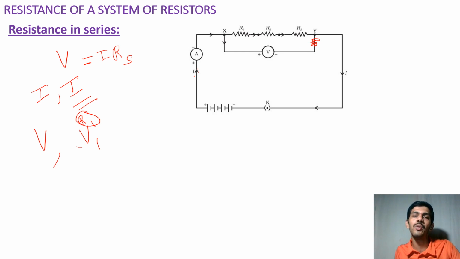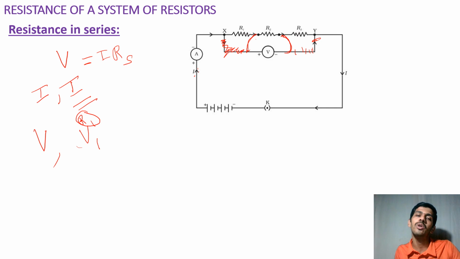Similarly, I connect this voltmeter between these terminals. For the first trial I am connecting only across R1. For the second trial, I disconnect here and connect it like this, so now the voltmeter is only across R2.